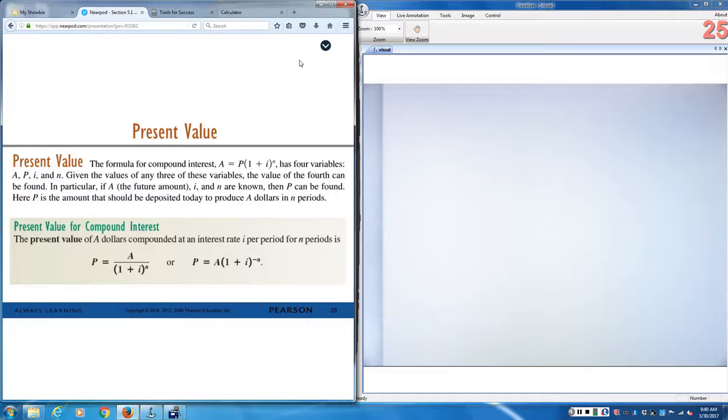So how much of my income tax refund can I put in the bank right now at some set interest rate so that in 3 years I'll have the amount of money that I need? And that's what this formula does for you. So present value is the amount you put in today to have a future value A, or a compound amount A, at the end of the period.